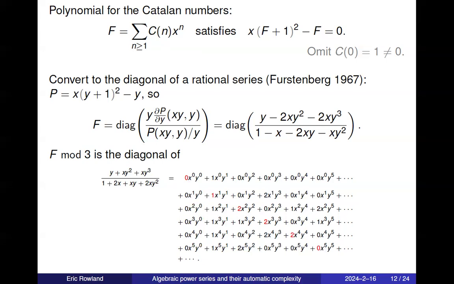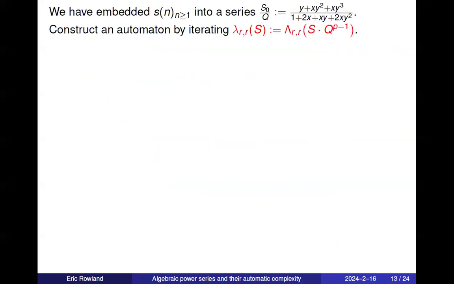And it turns out that we can apply Cartier operators to sequences in this form, diagonals of rational functions, in a way that we can represent the states in a finite manner. So what we've done is we've embedded a general algebraic sequence as the diagonal of a rational series. This Q is going to be the denominator.